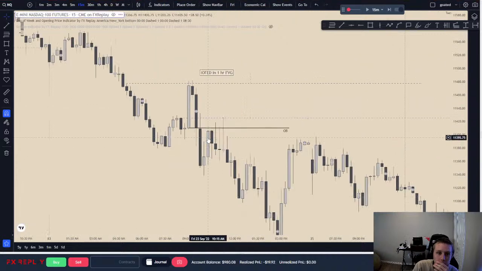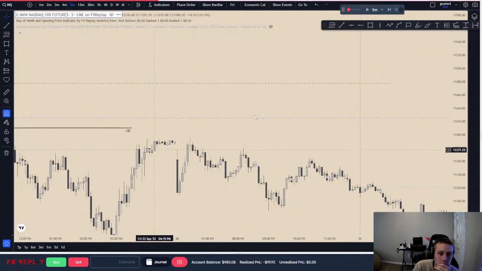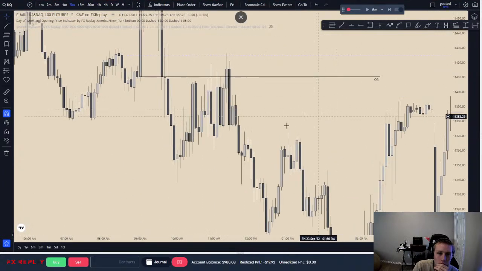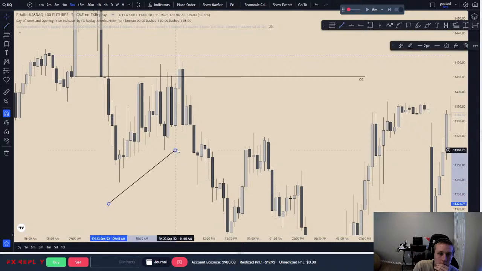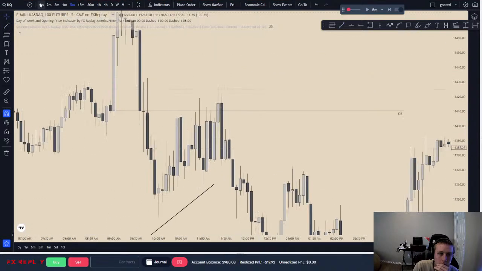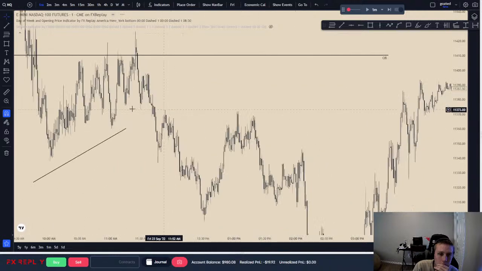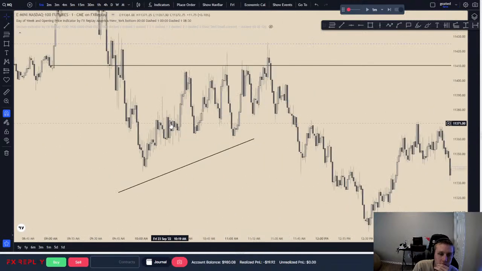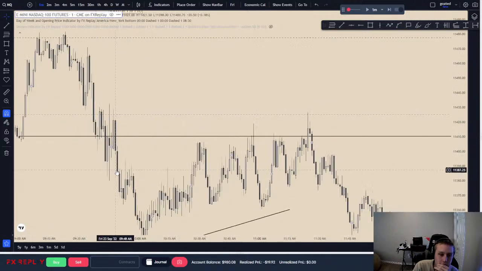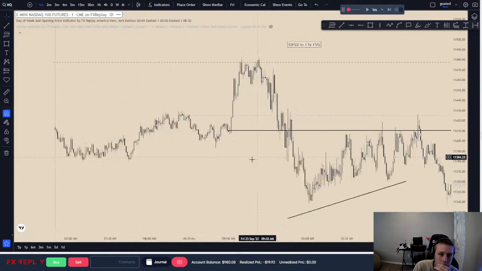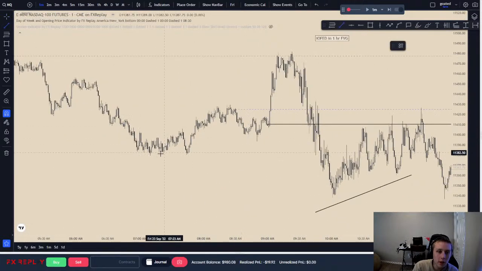Very nice standard deviation. Look at that order block there. So in this case, we end up liquidating this.